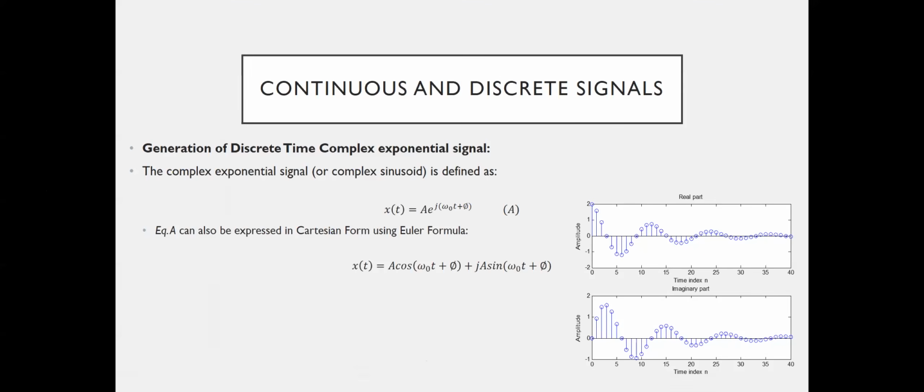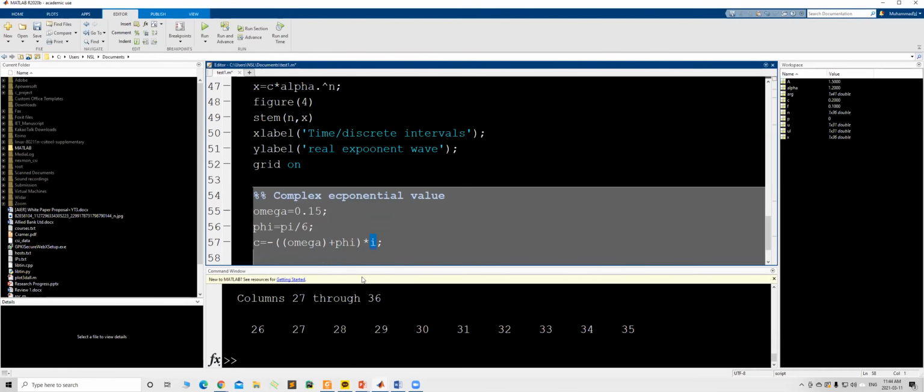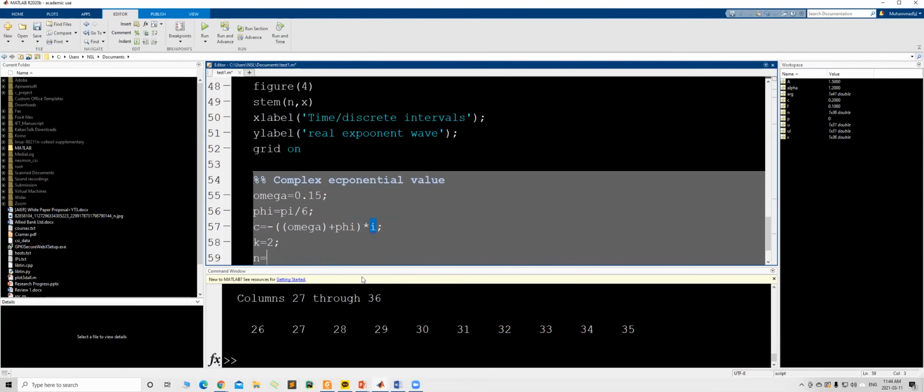If you see the imaginary term, which is j, this is multiplied with the j term, which we denote by i. So multiply it with i. Now what is the amplitude? Let's say I call it k equal to 2, and I need some discrete interval, n equal to 0 colon 40.